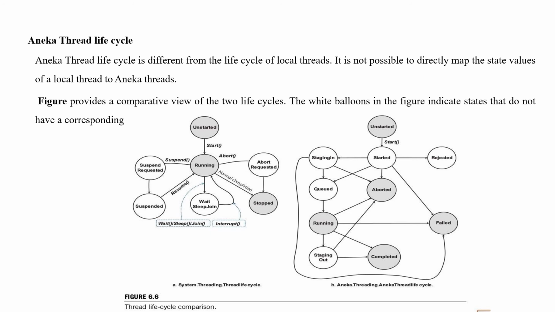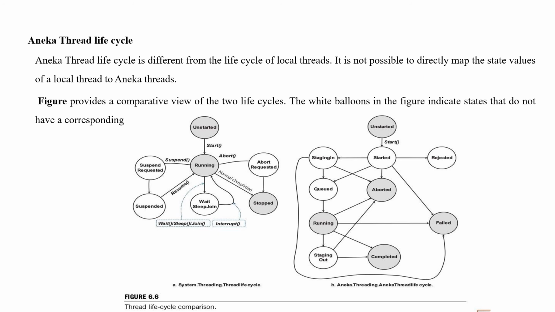In this figure, we can see a comparative view of the two life cycles. The white balloons in the figure indicate the states that do not have a corresponding mapping in the other life cycle, while the shaded ones indicate the common states.